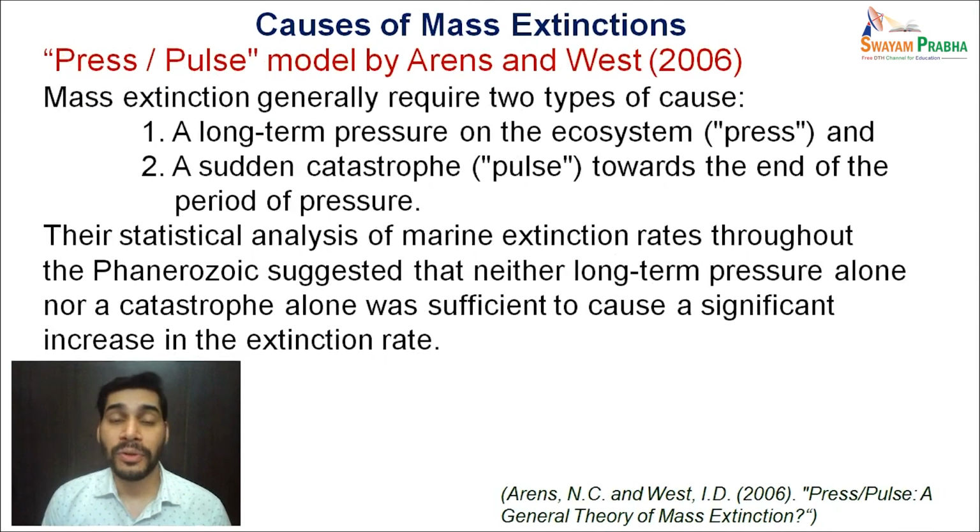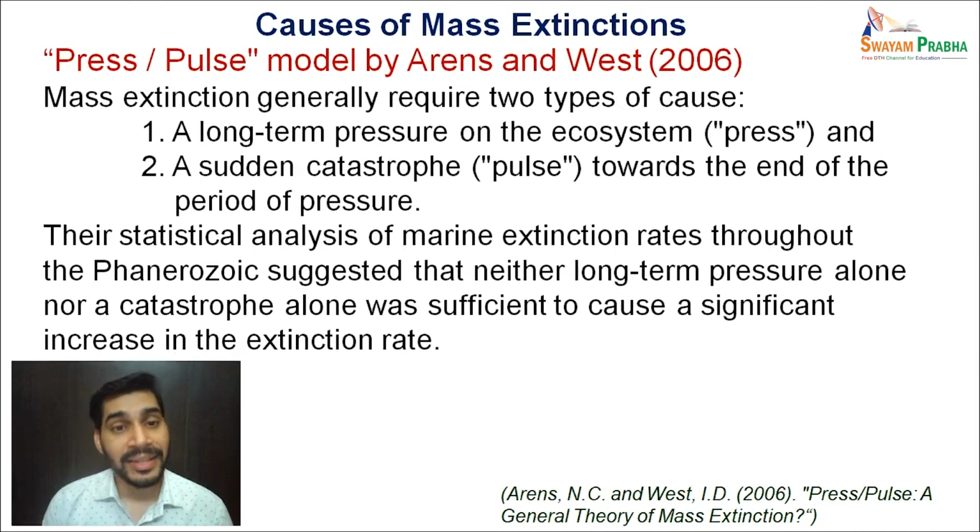Now, for the cause of mass extinction events, there is a model as given by Arens and West in the year 2006, and this model is called the Press and Pulse model. According to this, the mass extinction generally requires two types of causes. The first cause is a long-term pressure on the ecosystem, which we call the press.